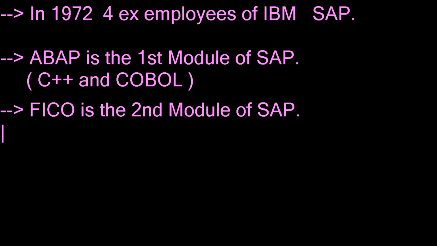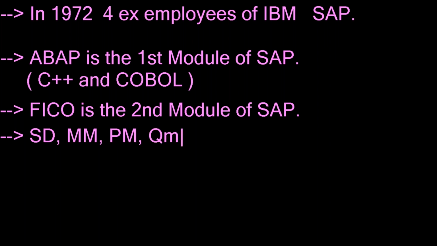They wanted to computerize other departments too. In SAP terminology, other modules like Sales and Distribution, Material Management, Plant Maintenance, Quality Maintenance, HR. They wanted to computerize all the departments.